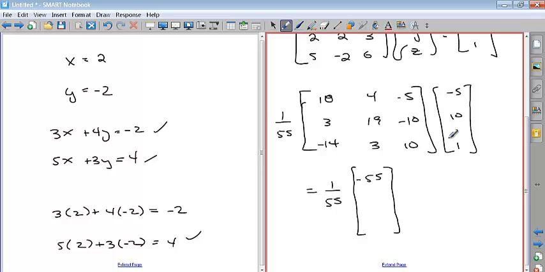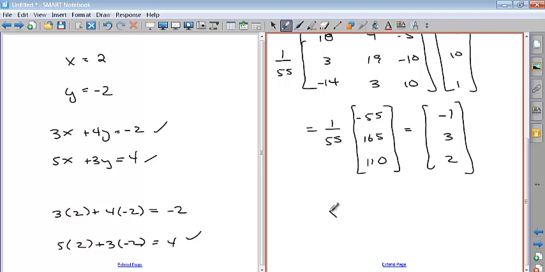So you're going to have negative 15 plus 190 minus 10, 165. And then you take negative 14 times 5 plus 3 times 10 plus 10 times 1. You get 110. And you can see each of those are divisible by 55. So you would get negative 1, 3, 2. So what that's saying is that x1 equals negative 1, x2 equals 3, x3 equals 2.